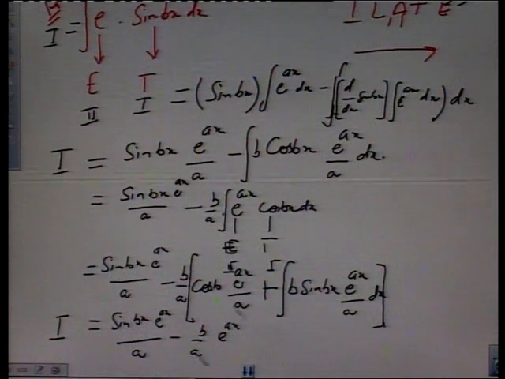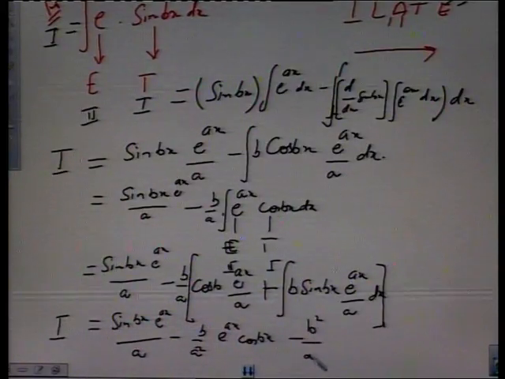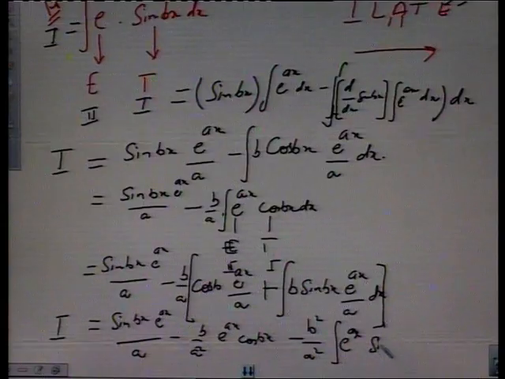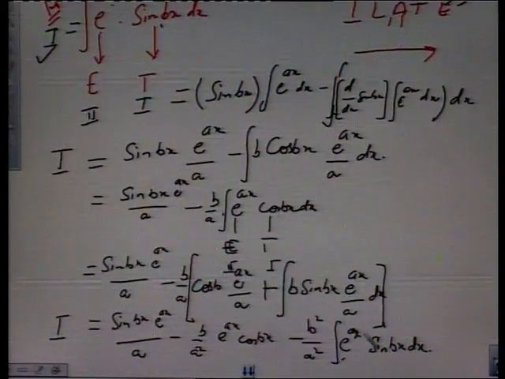This a into a becomes a square into cos bx minus b into b becomes b square upon a square into integral of e raised to power ax into sin bx into dx. Well students, you have noticed that we started with I equal to e raised to power ax into sin bx, and again we have reached here at e raised to power ax into sin bx.